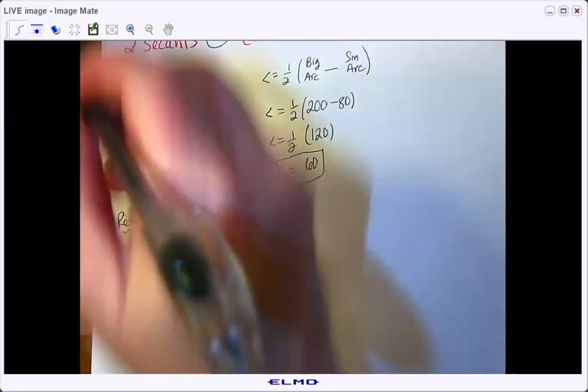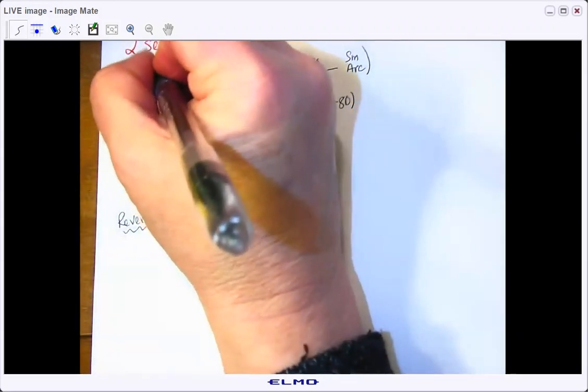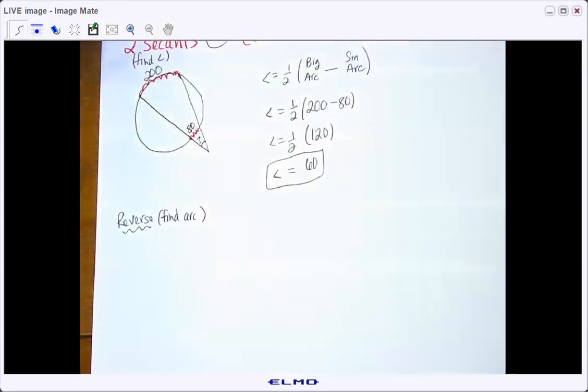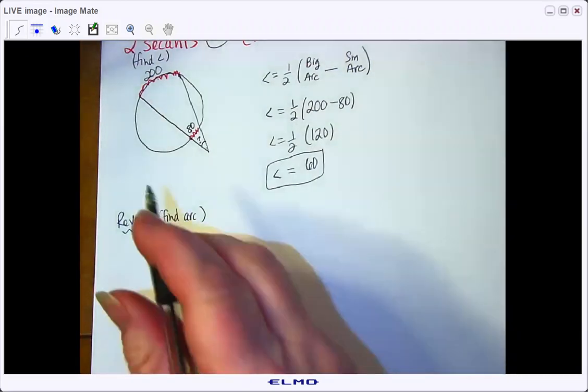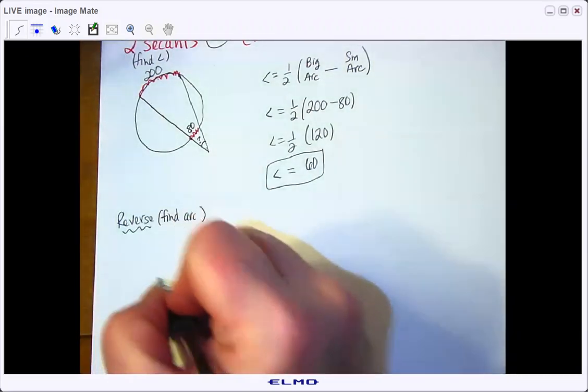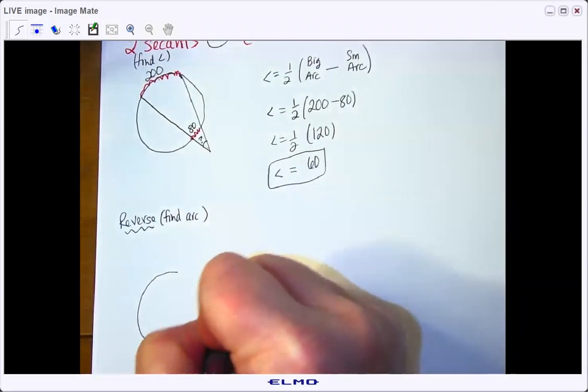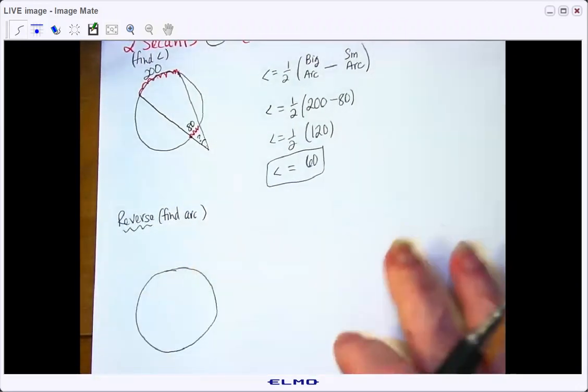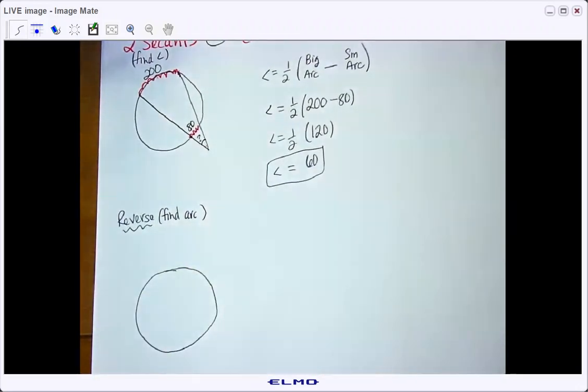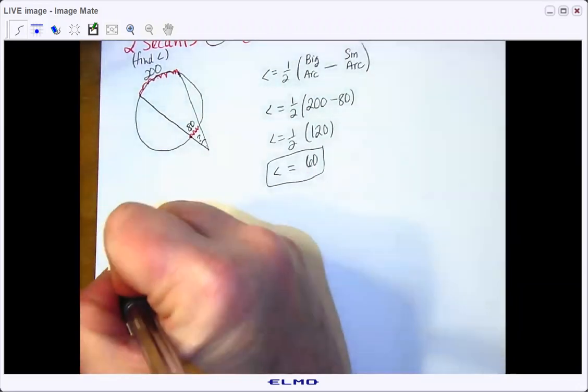Okay, here we were finding an angle for the tail. Here we're going to find the arc. And I'll use one of the homework problems. This is number 25.